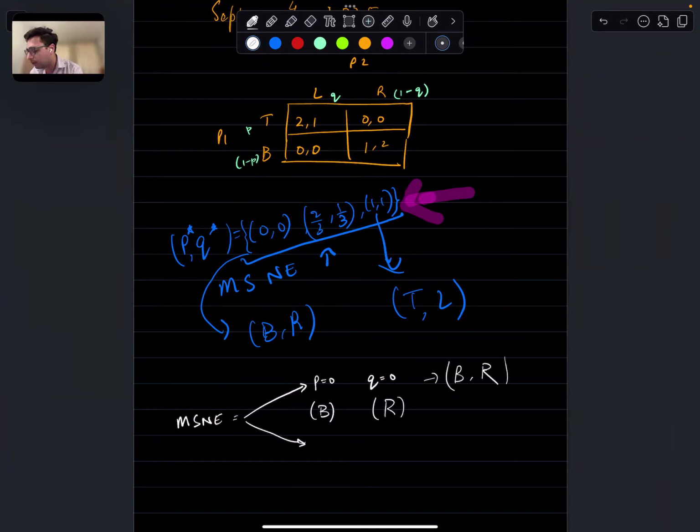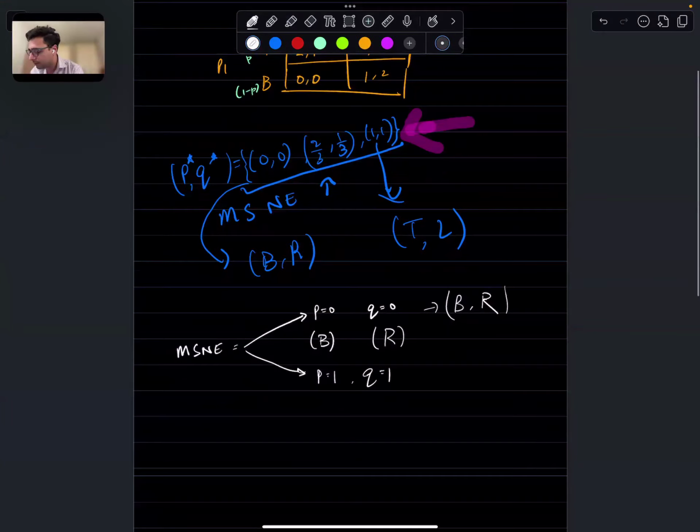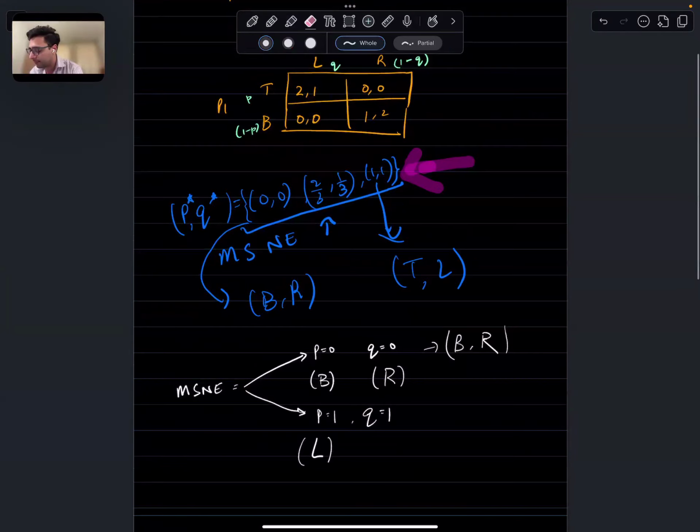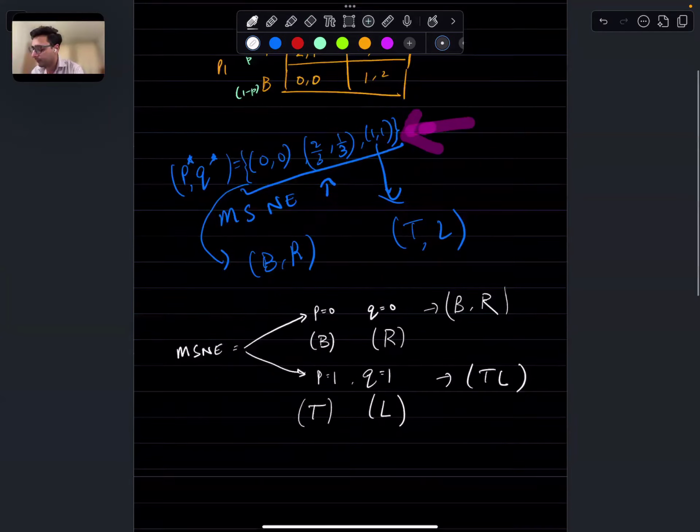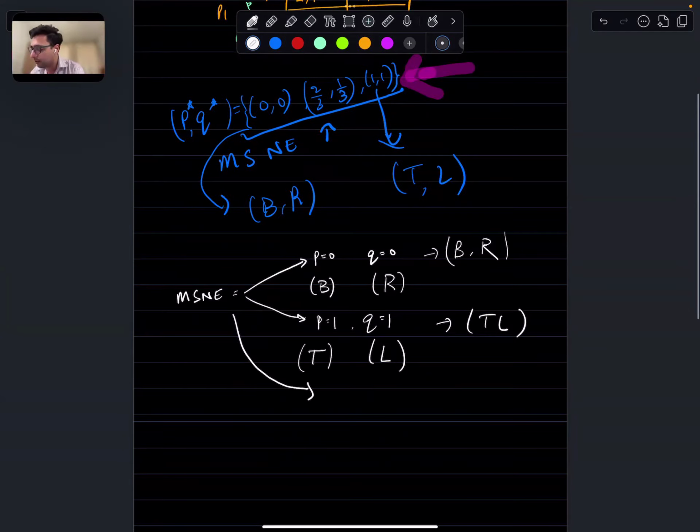Another one we found was P equal to 1, Q equal to 1, where P equals 1 means T is played with probability 1, and Q equals 1 means L is played with probability 1. So this is the same as TL.